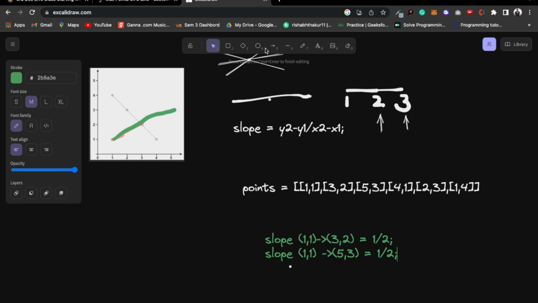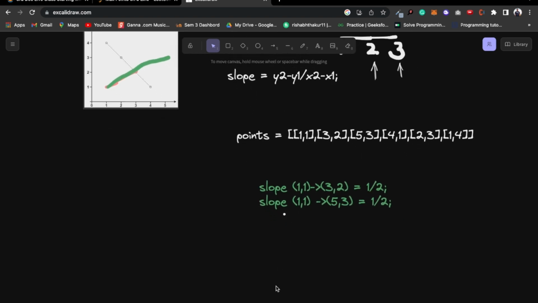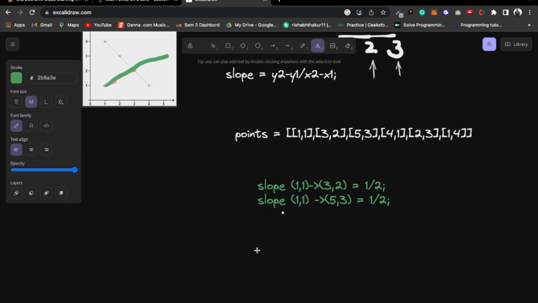So what is the conclusion I'll draw from it? I'll make a map, and inside that map I'll take the slope which comes out to be 1 by 2, and for all the slopes that are equal, I'll increase the value in the map. I hope you got the point.